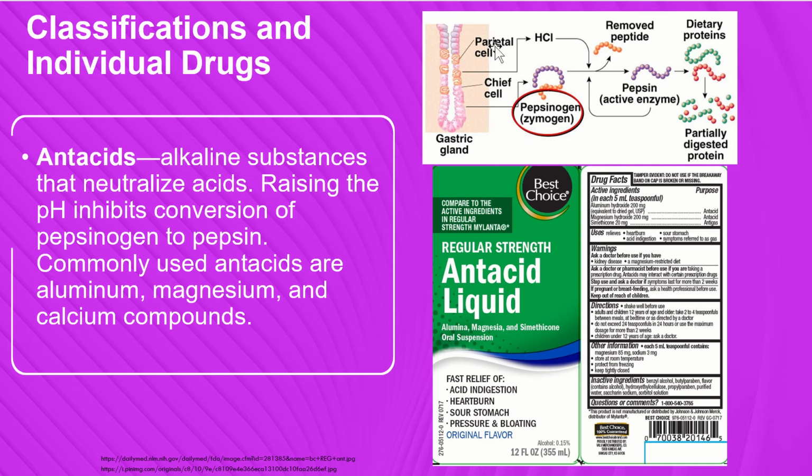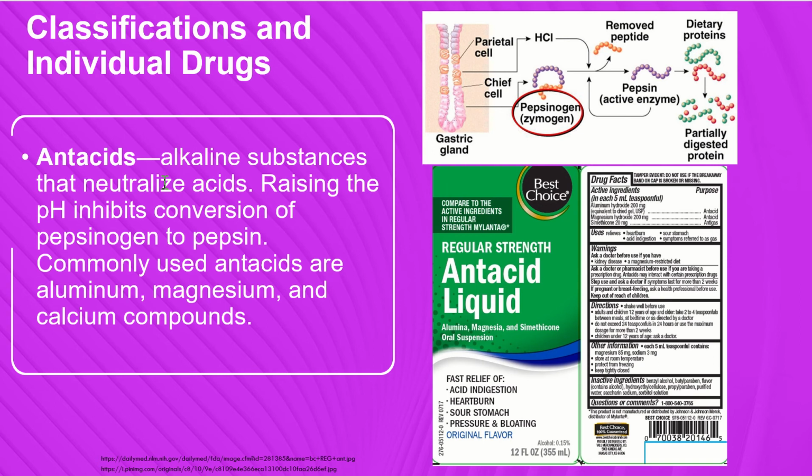Here we have an image of it: in one of these cells you have pepsinogen, or zymogen, and in the presence of HCl, you have conversion to pepsin, your active enzyme which breaks down your dietary proteins to partially digested proteins.